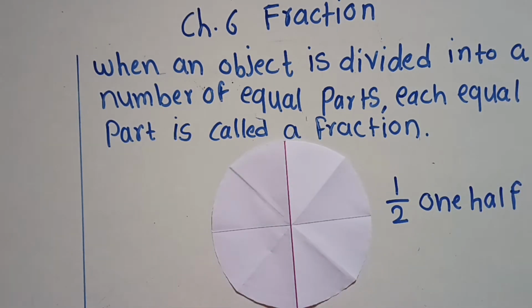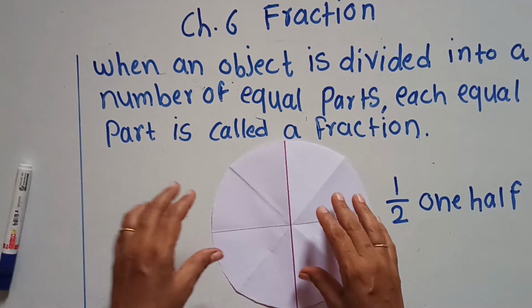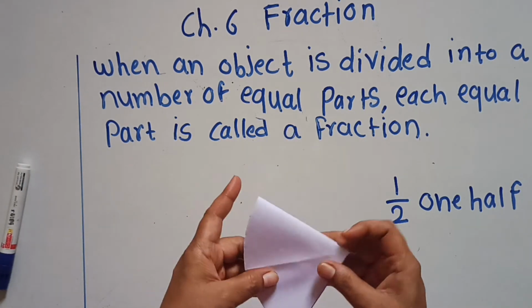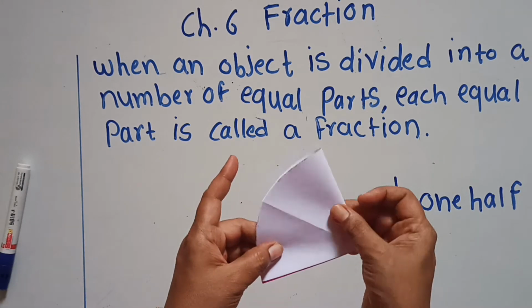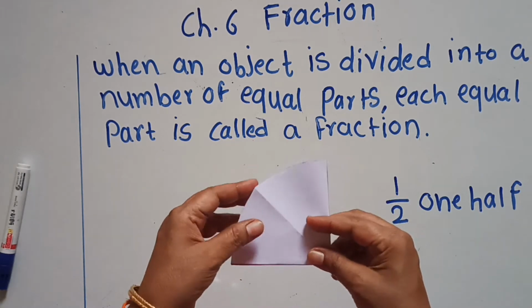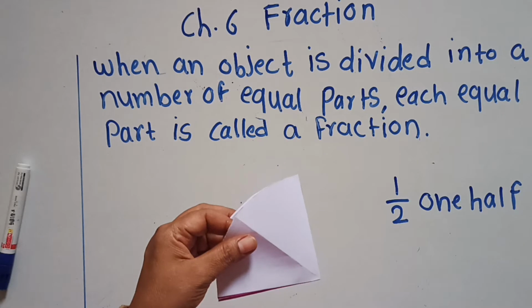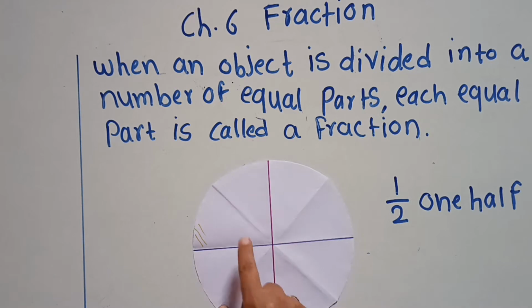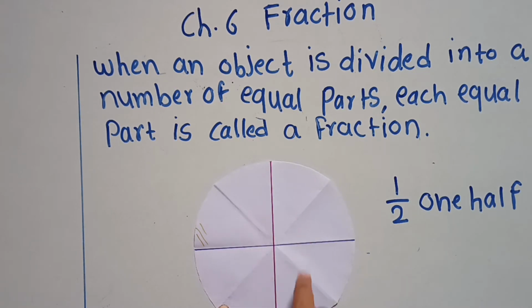Now, if I fold this circle in equal 4 parts, see here, now this circle is divided into 4 equal parts.